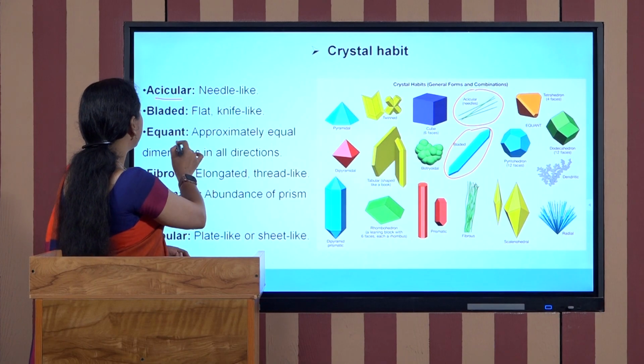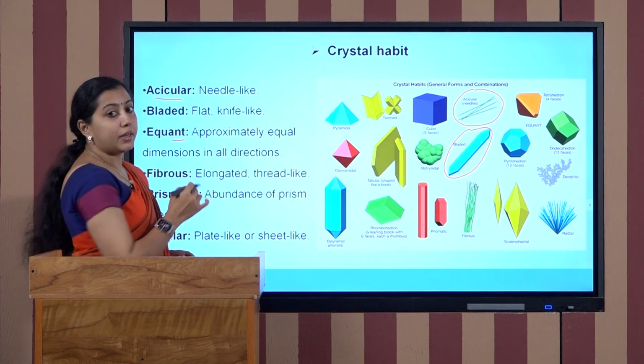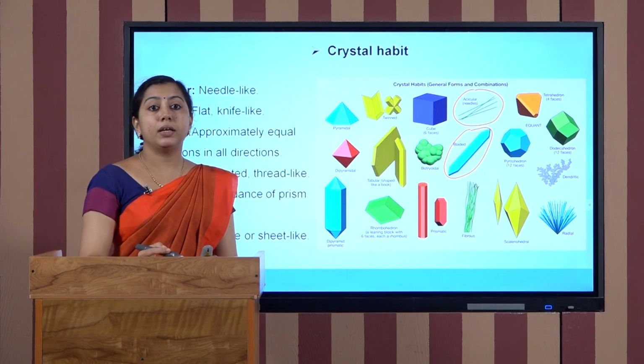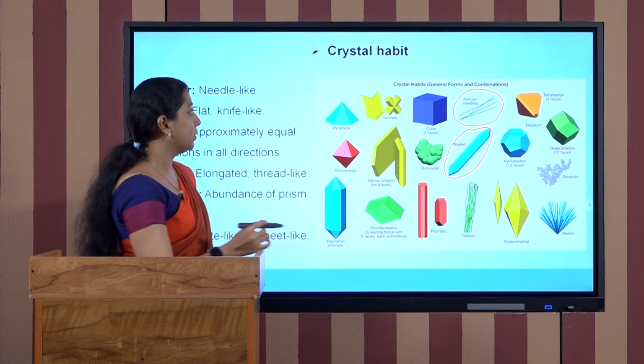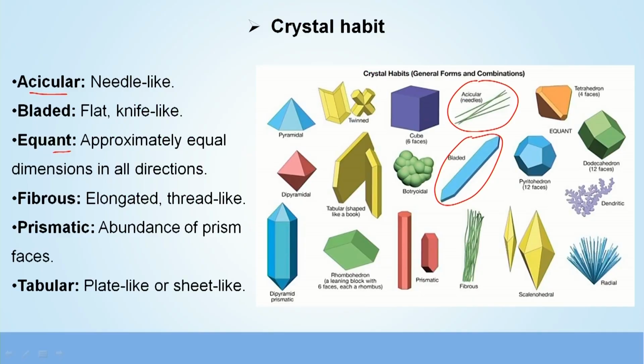Now, next is equant. That means approximately equal dimensions in all directions. So, you can see here an equant crystal having equal dimensions in all directions. So, next type of crystal habit is fibrous, having an elongated thread-like appearance.